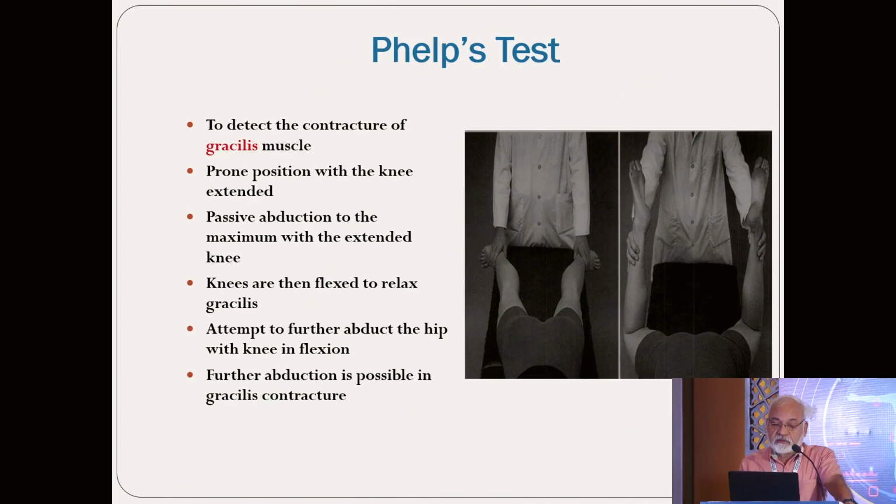Phelps test is to detect the contracture of the gracilis muscle, in which the person will lie down prone and then you have to abduct passively and then flex the knee joint so that at least you can relax the gracilis muscle. Still if you can go again passively into more abduction, then there is a problem with the gracilis muscle contracture.